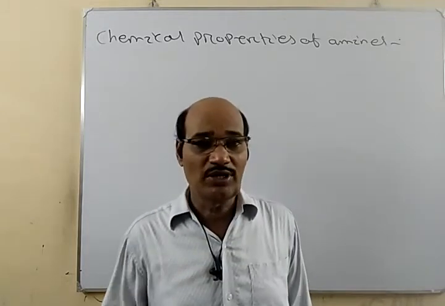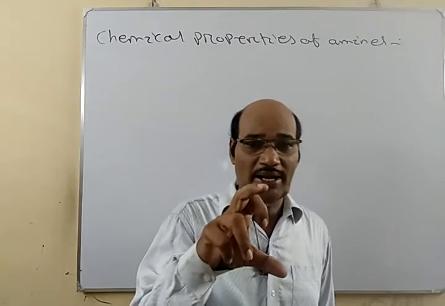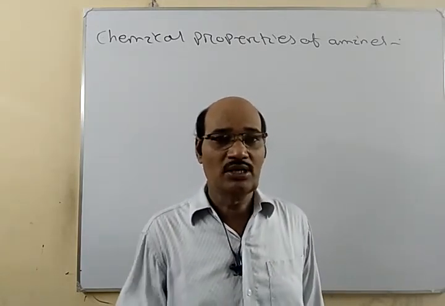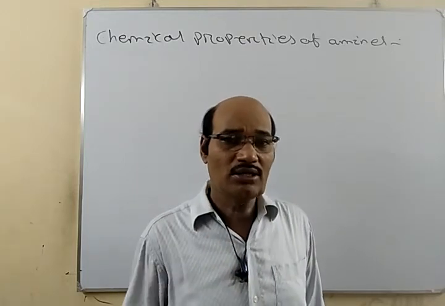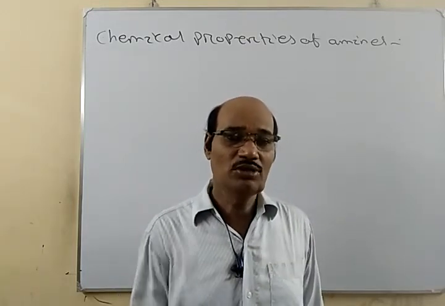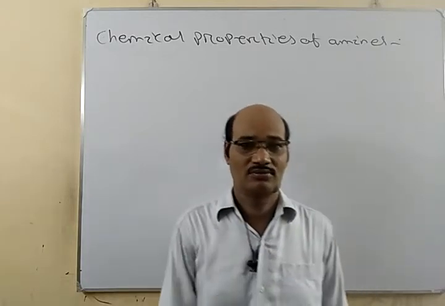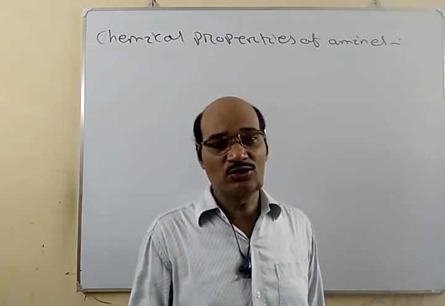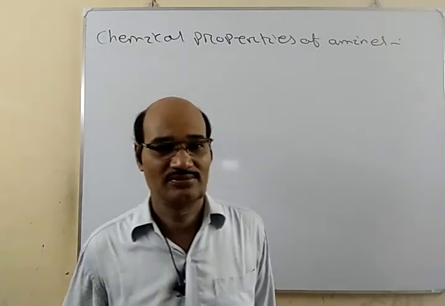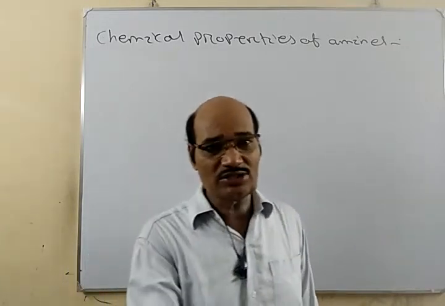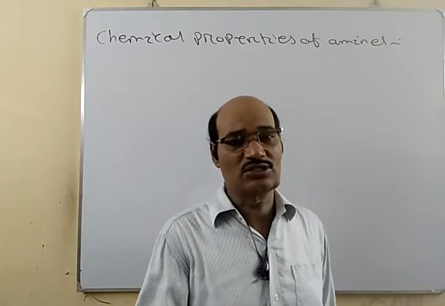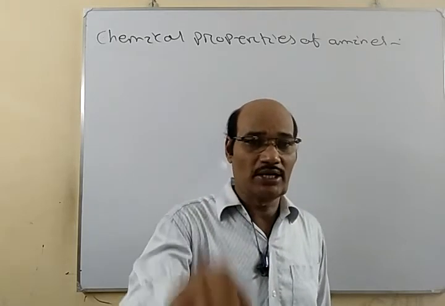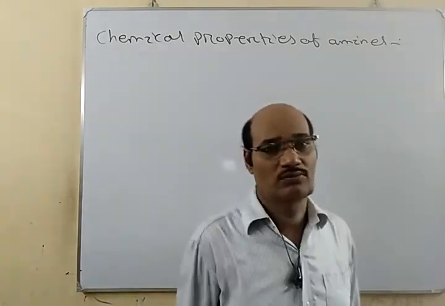For this purpose, we have to react this aniline, this NH2 group, with either acetyl chloride or acetic anhydride in presence of pyridine base. So here the NH2 group will convert to NHCOCH3. Once this group converts to NHCOCH3, then the activity of the NH2 group will be reduced.